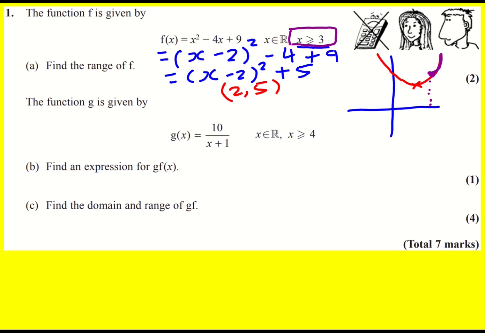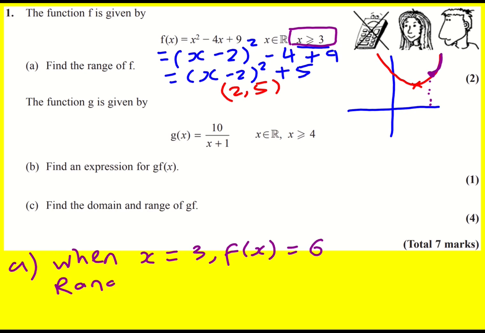I'm still in part A, so when x equals 3, f of x will equal, I can use the completed square form, 1 squared plus 5, which is 6. And therefore, overall, the range is going to be f of x is greater or equal to 6.